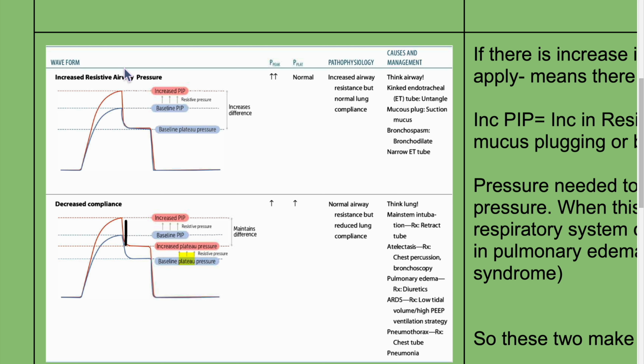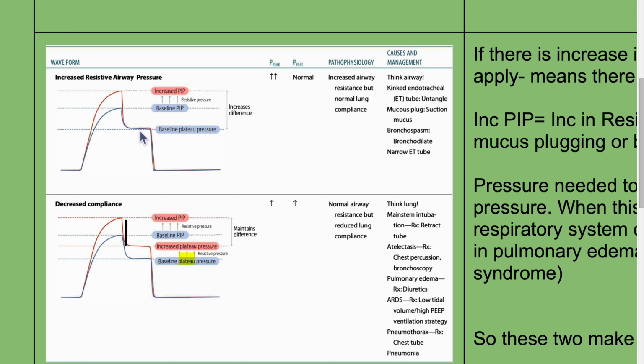If the peak is the only thing increasing, then there is increased resistance. If you're increasing the pressure of inspiration, that means something is stuck within the pipe and it's causing you to apply more pressure. So that's why it's increased airway resistance but normal lung compliance.